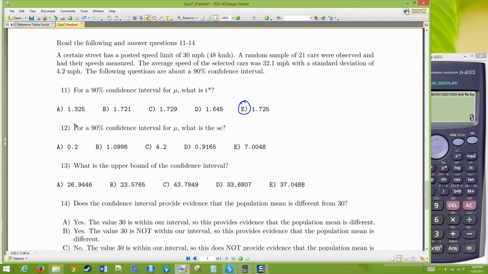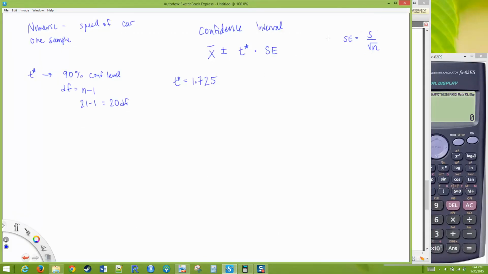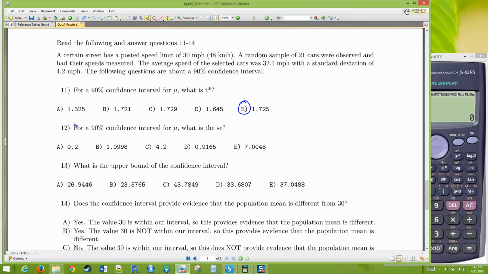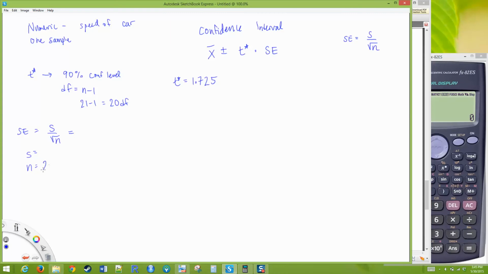For a 90% confidence interval, what is the standard error? All right, so our standard error is just going to be s over the square root of n. So let's look at our problem and pick out what s and n are. S is the standard deviation of my sample. N is my sample size. It says we took a sample of 21 cars, so my n is 21.